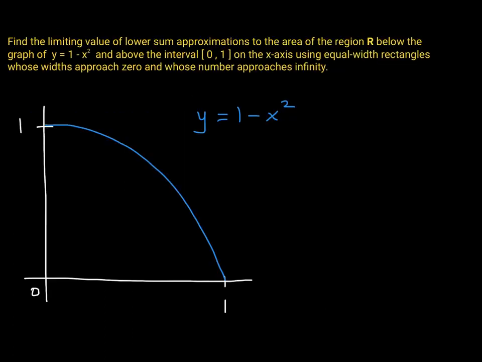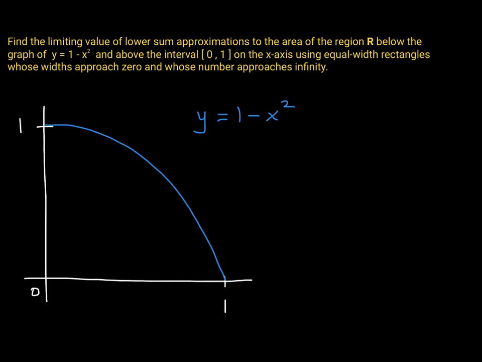Now that we've spent some time talking about sigma notation, we're going to see how this is going to help us tackle the problem that we looked at in an earlier lesson. So let's circle back to this problem. Find the limiting value. We say limiting value because we're going to take a limit.